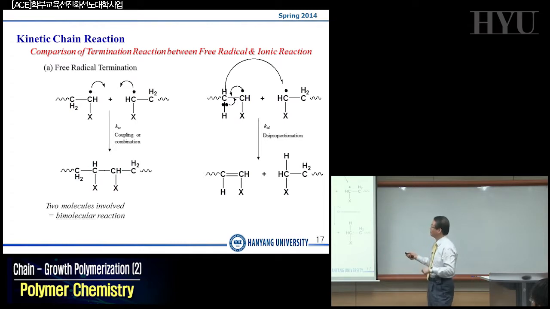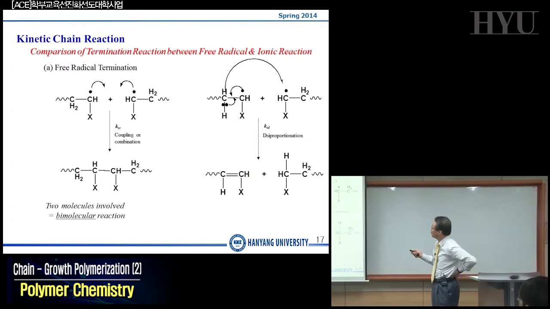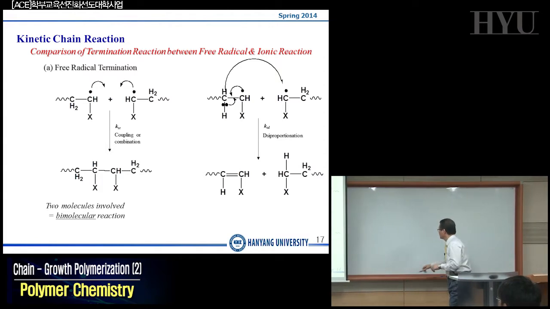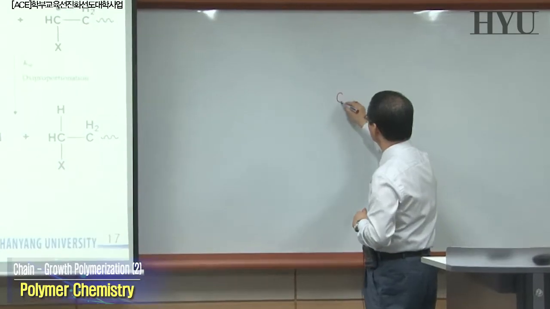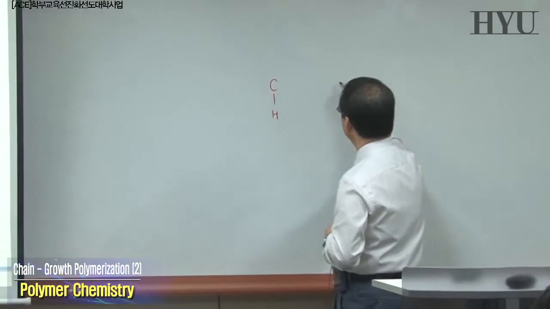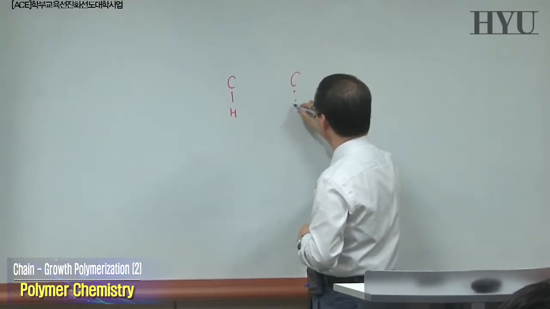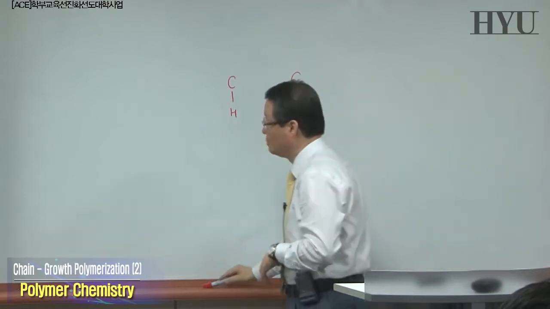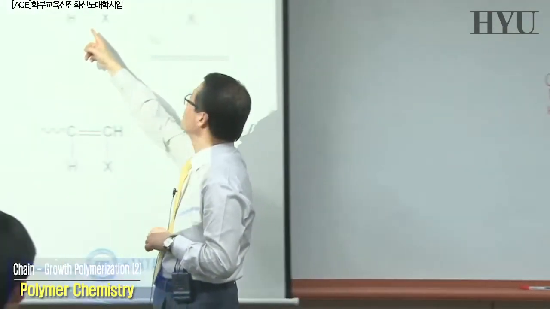Now the mechanism of this disproportionation is that we have a covalent bond between C and H. I think we need to remove this CH here.